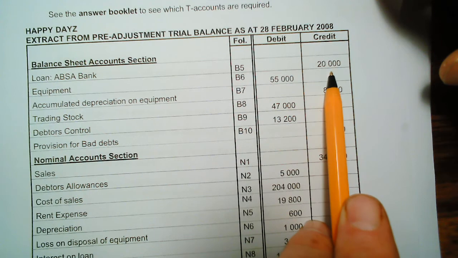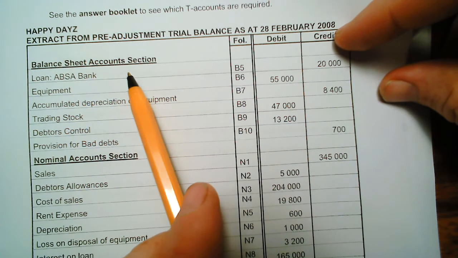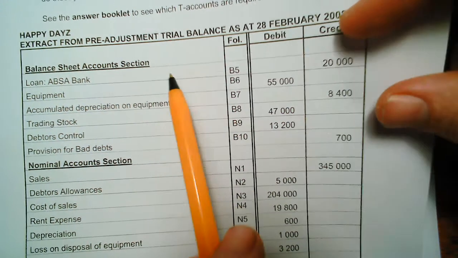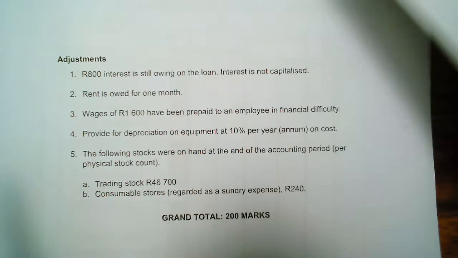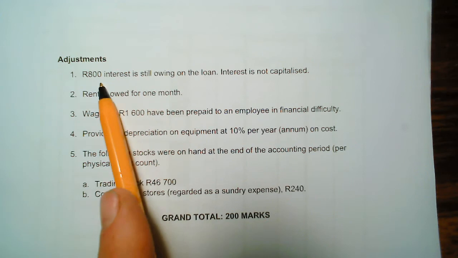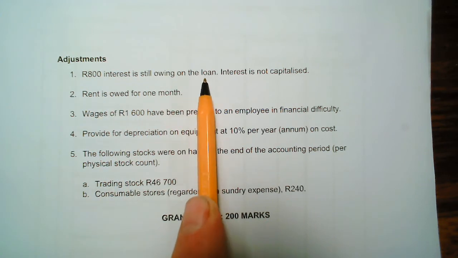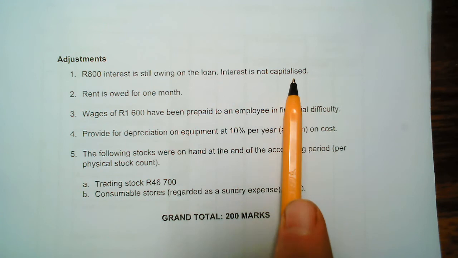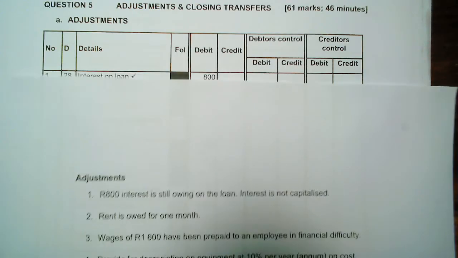So it's a liability. That interest is an interest on a loan, which is an expense on a liability. So the 800 Rand interest is still owing on the loan. Interest is not capitalized. Let's have a look at the answer there.